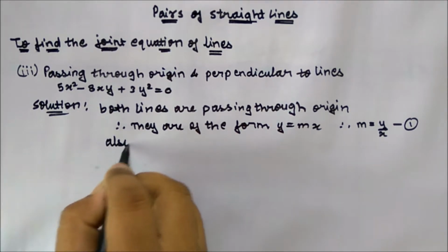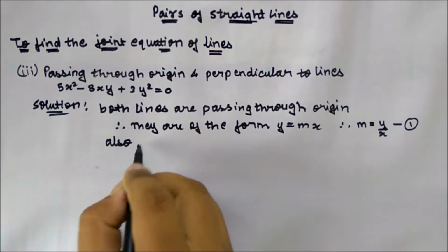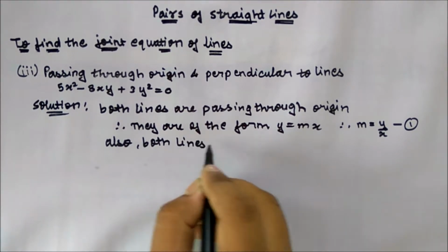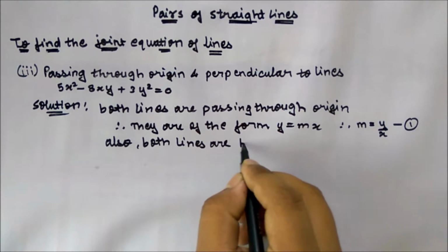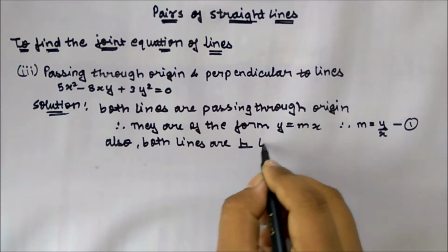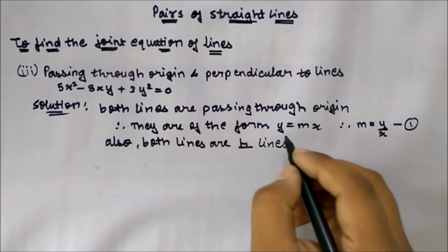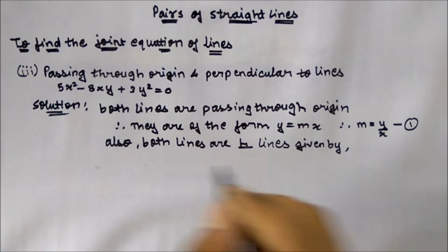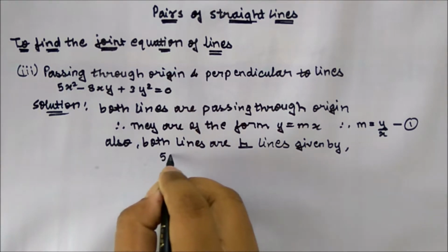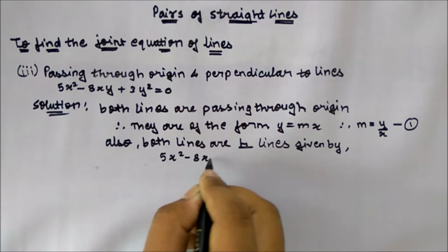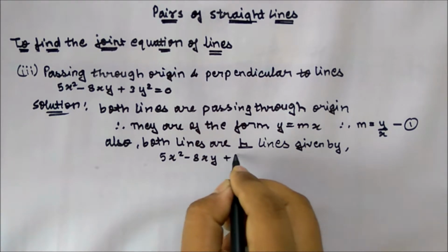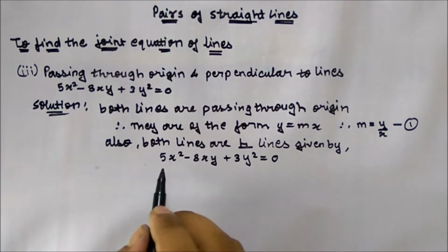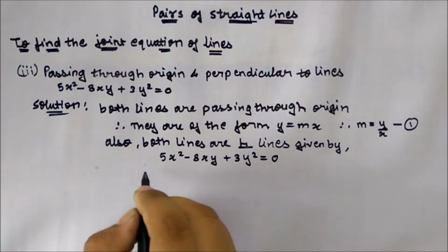Also it is given to us that both the lines are perpendicular to the lines given by 5x square minus 8xy plus 3y square equal to 0. Now let's divide this whole equation by x square.